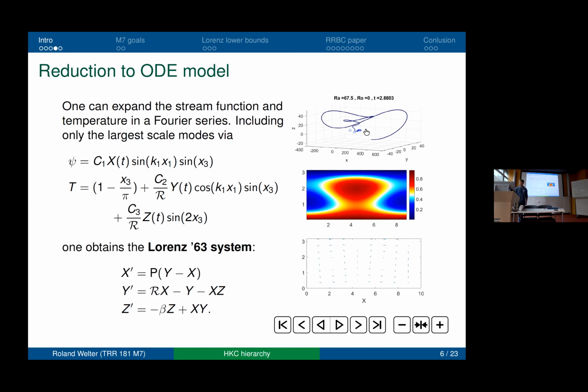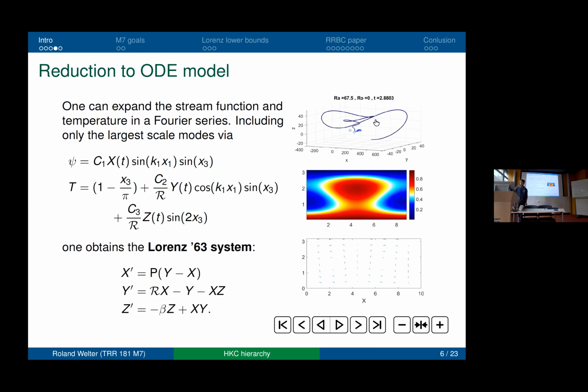And this is what we mean when we talk about an attractor. So at this low Rayleigh number, the attractor is really simple. It's just three fixed points, the origin and these two other non-zero fixed points.